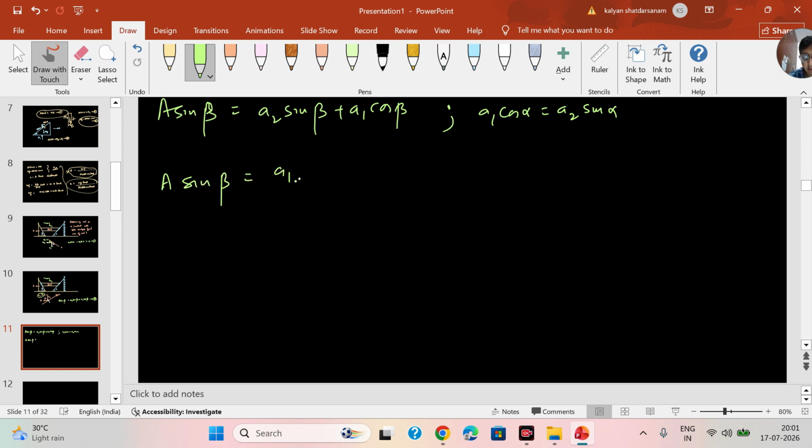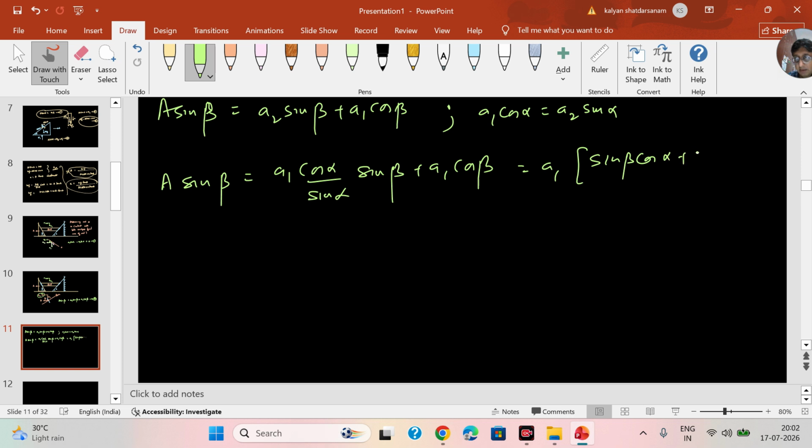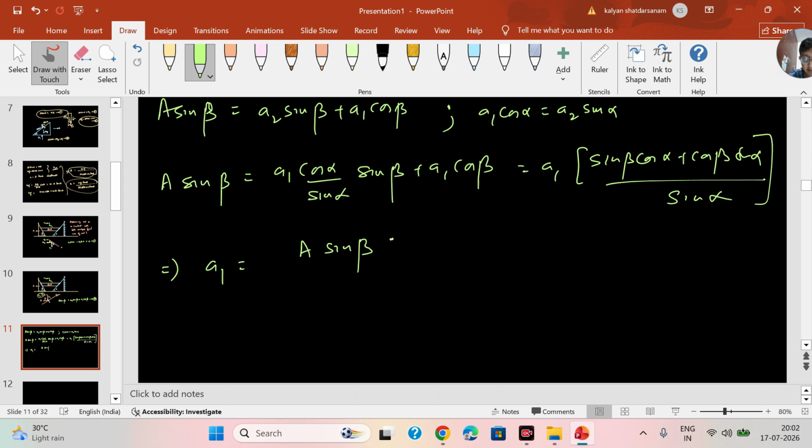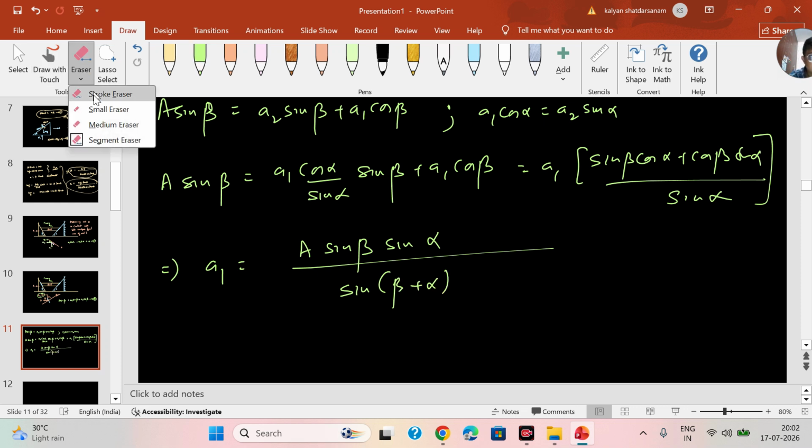What is A2? A1 cos alpha by sin alpha into sin beta plus A1 cos beta, which I can write as A1 into sin beta cos alpha plus cos beta sin alpha by sin alpha. So from here I can say A1 is A sin beta sin alpha by sin beta cos alpha plus cos beta sin alpha, which is sin beta plus alpha. I'll write it like that. Sin beta plus alpha.